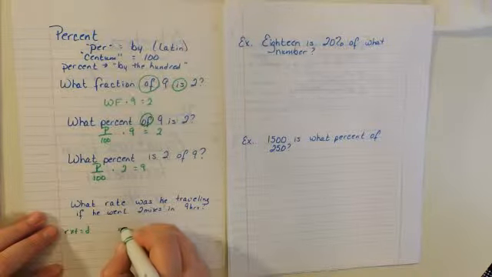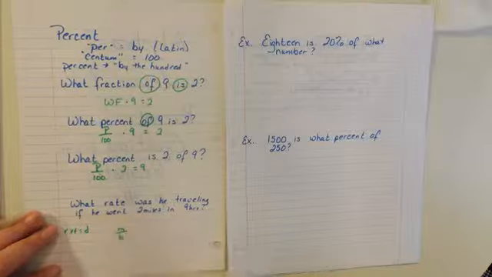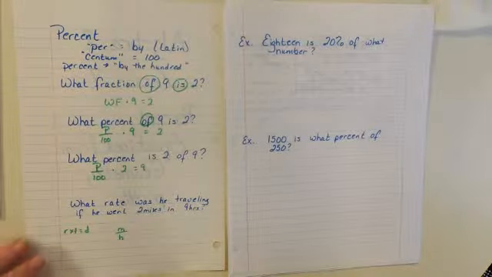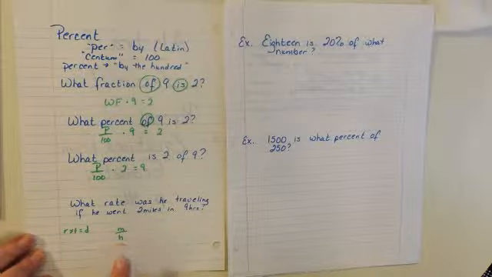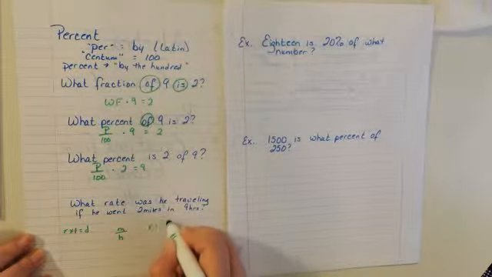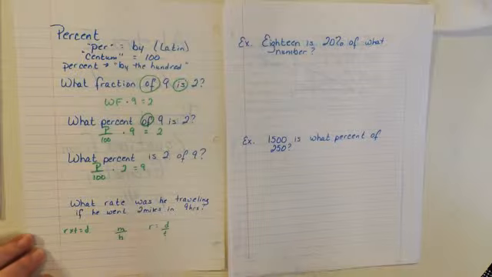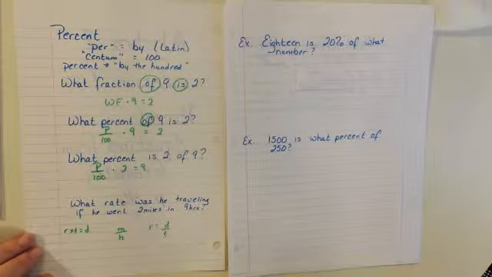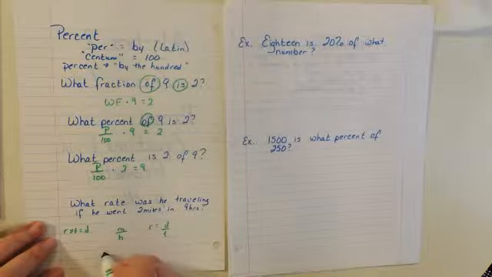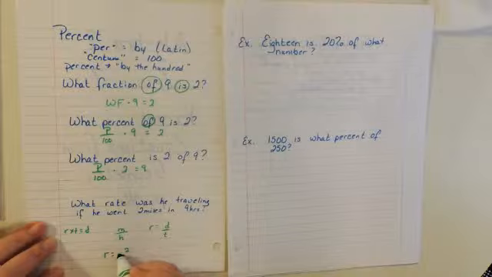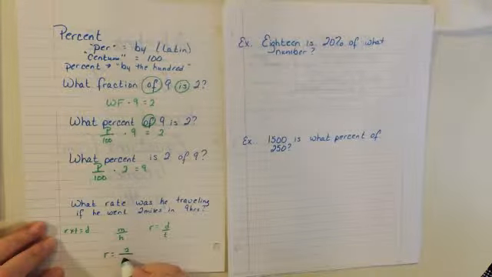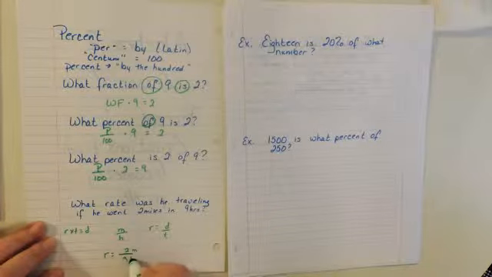Miles is a distance and hours is time. So rate equals distance divided by time. The rate he was traveling is his distance divided by his time, and that gives you miles per hour.